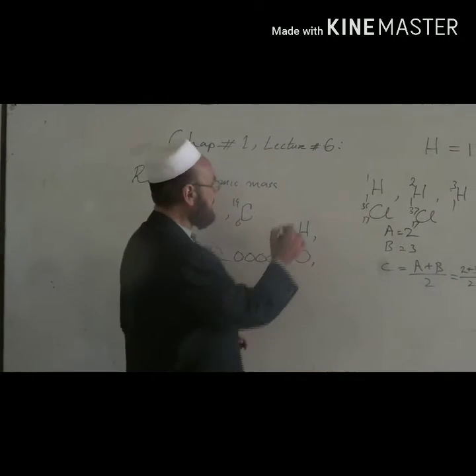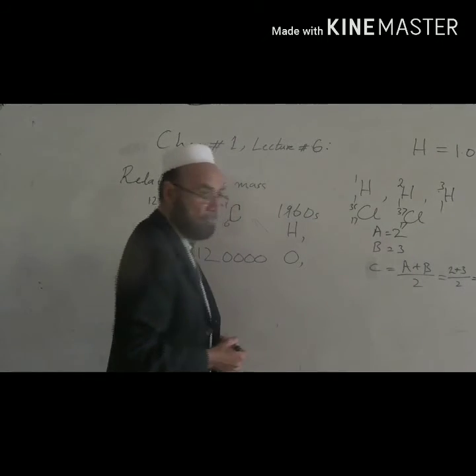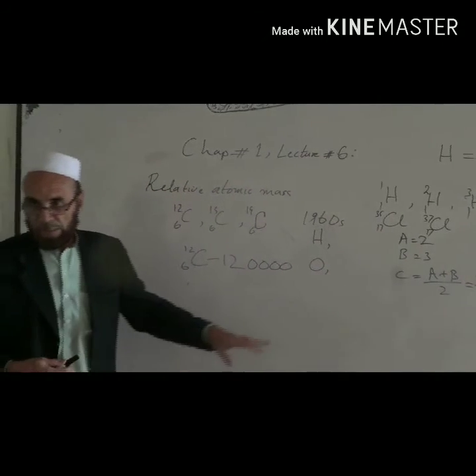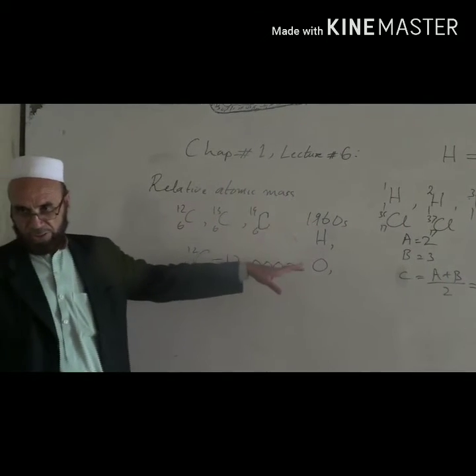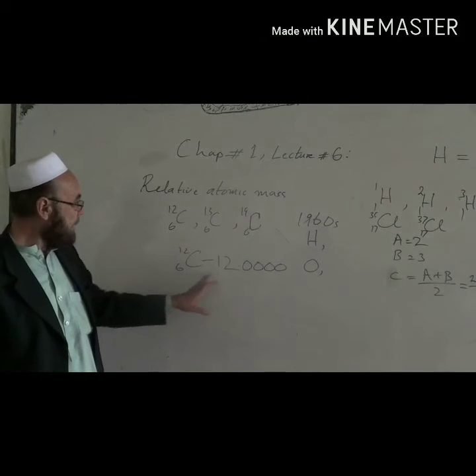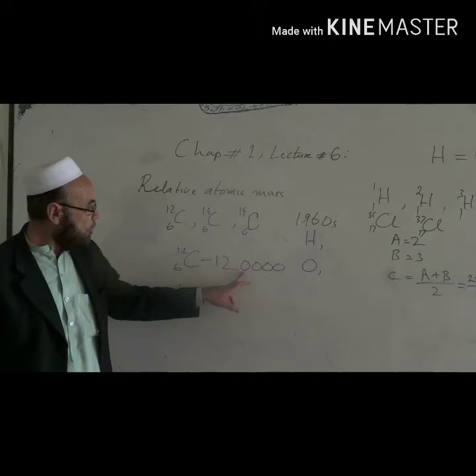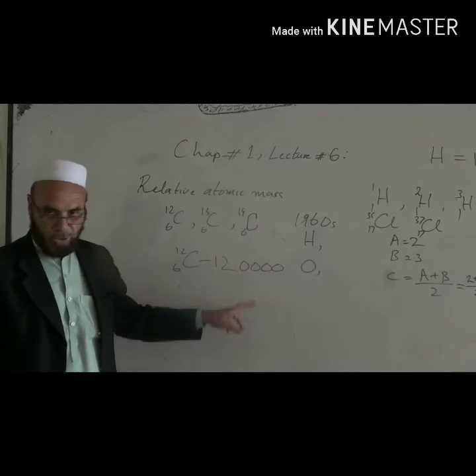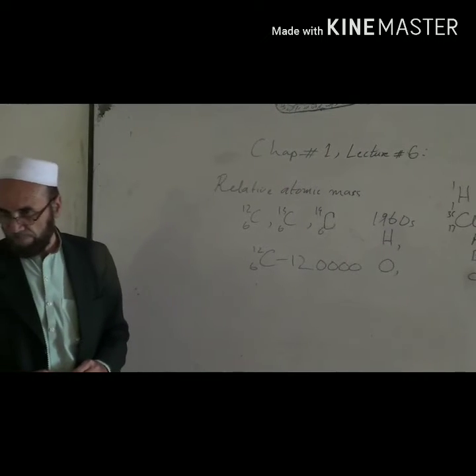They used to compare the weights of all other atoms to hydrogen and oxygen. But later on, when they found that we can get a standard weight of carbon with no fraction after the decimal point, it was considered the standard atomic mass.